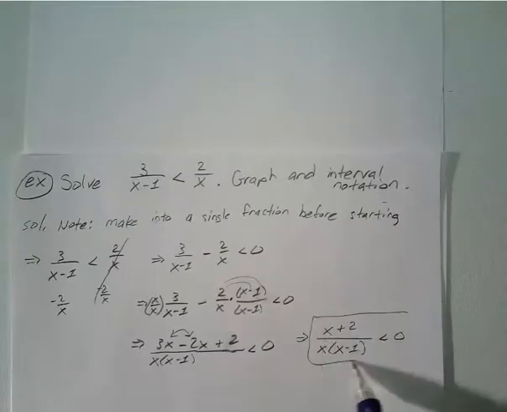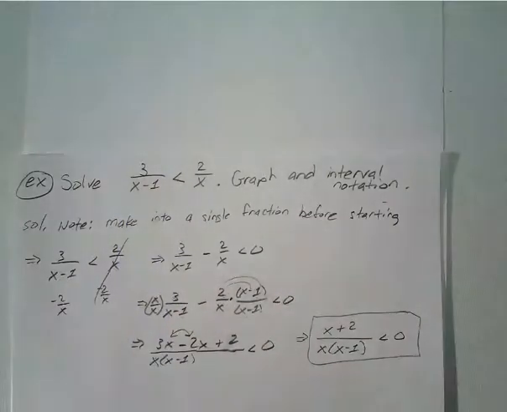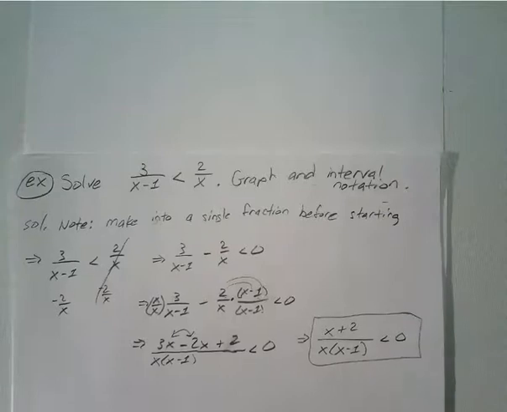Okay, so before we started, we just moved those over, subtracted them, and made them one nice, neat equivalent fraction. So this is what we're going to solve now. This will give us all of our critical points.